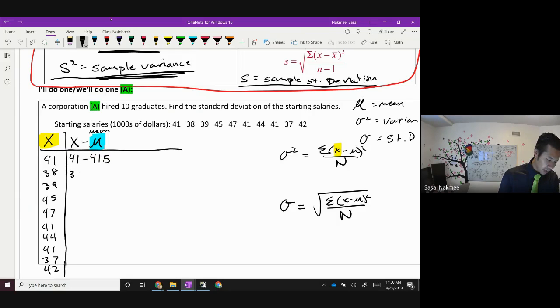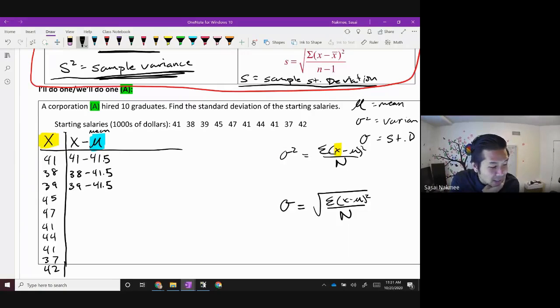This 38, I'm going to take this 38 and subtract it from 41.5. This 39, I'm going to take that 39 and subtract it from 41.5. And what I'm essentially doing is finding this thing called the deviation. How far is each of these data points from the mean?